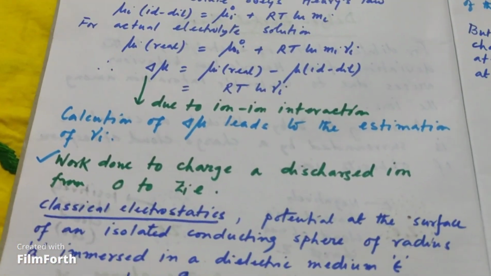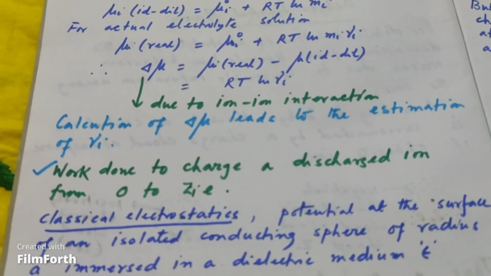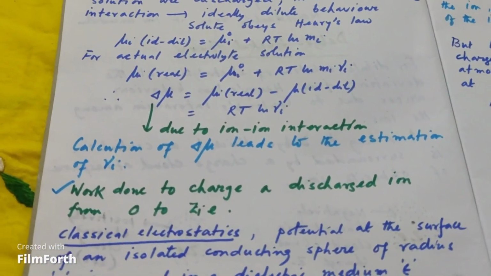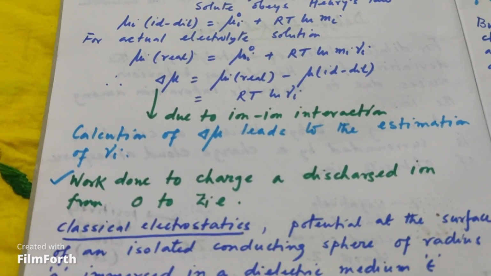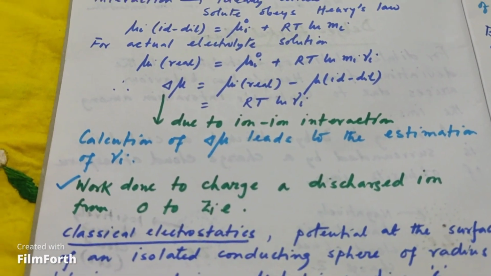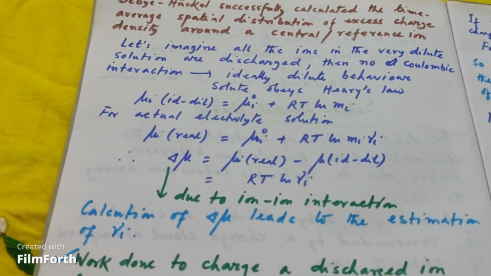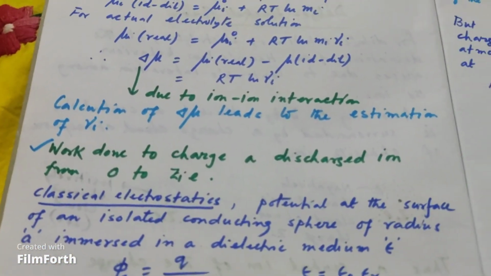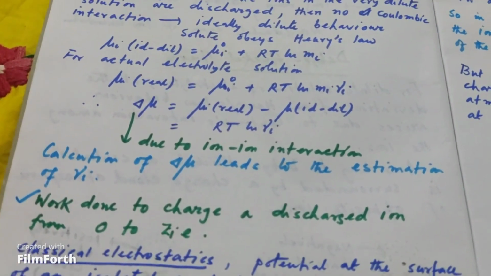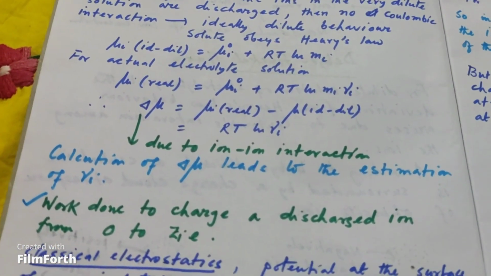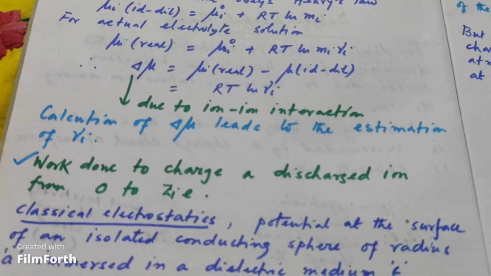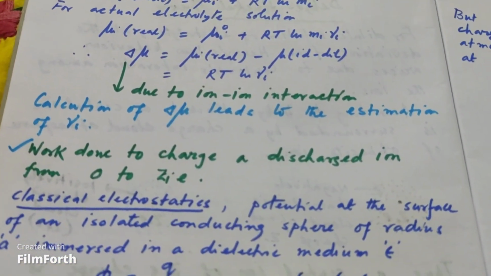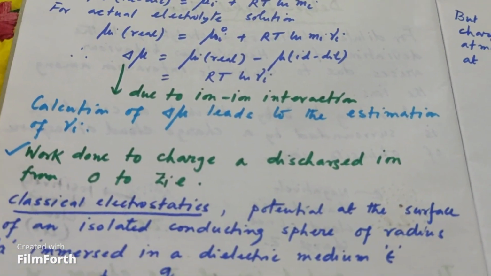Now, we first calculate the work done to charge a discharged ion from 0 to charge Z_i e, because we have initially assumed that the electrolyte solution is a discharged one. That means it has no charges. It behaves like an ideally dilute solution and obeys Henry's law. Now if we want to charge it, what will be the work done?